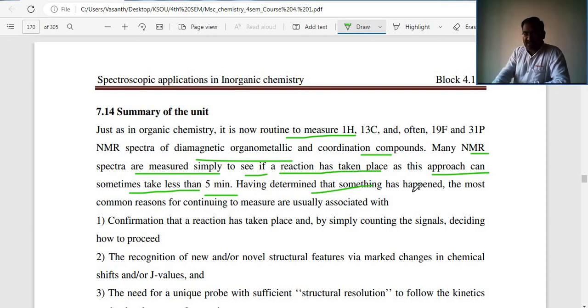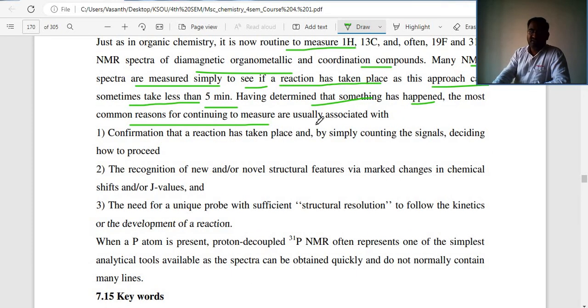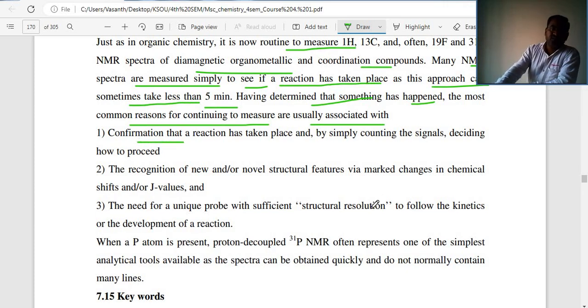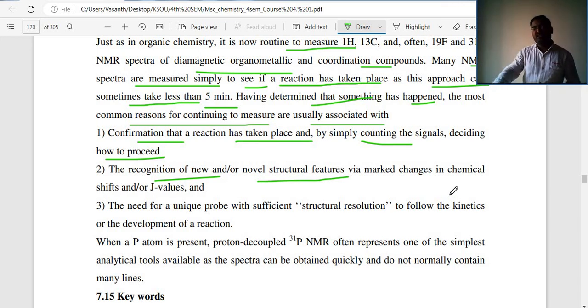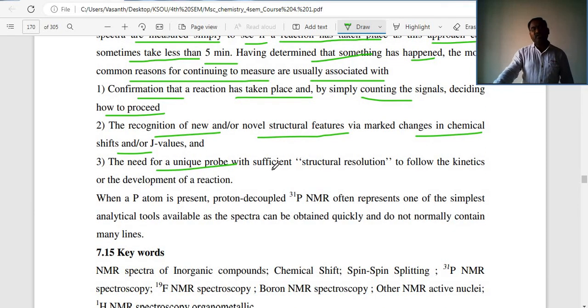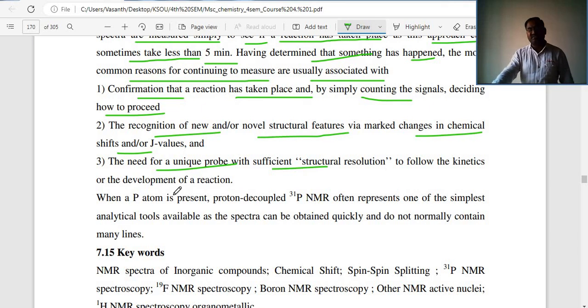Having determined that something has happened, the most common reasons for continuing to measure are usually associated with confirmation that a reaction has taken place, by simply counting the signals, deciding how to proceed, the recognition of new or novel structural features via marked changes in nuclear shift, the need for unique proof with sufficient structural resolution, and to follow the kinetics or the development of reactions.